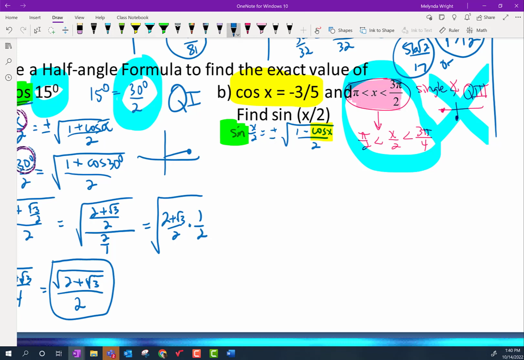So let's investigate that. From pi over 2, which would be here, to 3 pi over 4, which would be here, which quadrant are we in? We're in quadrant 2. So what is the value, positive or negative, of sine in quadrant 2?